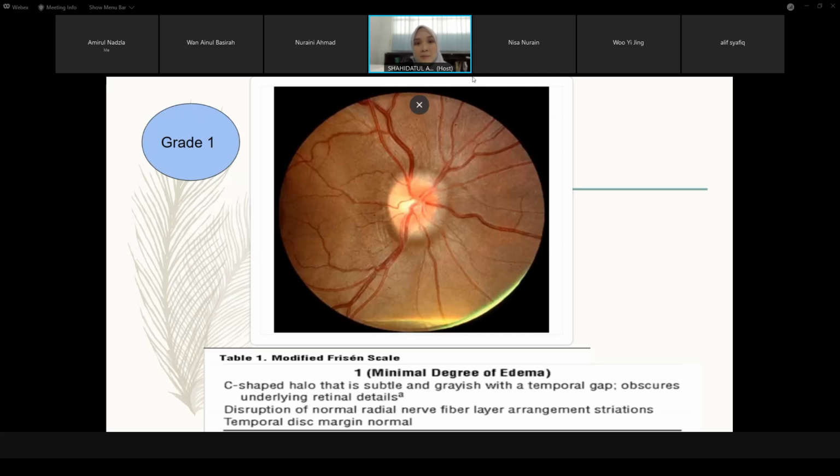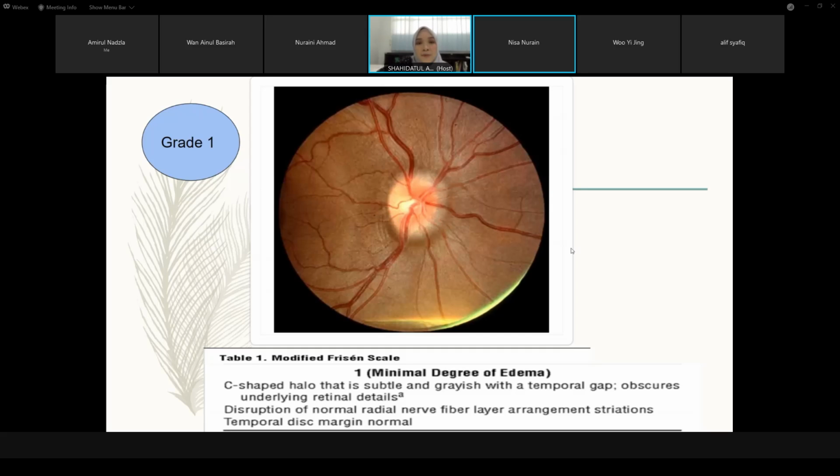That is the C. But the temporal margin is still clear, still distinct. Right. Can you see? This one, doctor? Yes, that. Oh, alright. Okay. This is what we call the C-shaped halo. Oh, okay. So to easily understand and remember, just remember grade 1 is minimal degree of edema, C-shaped halo or nasal halo. Nasal halo.